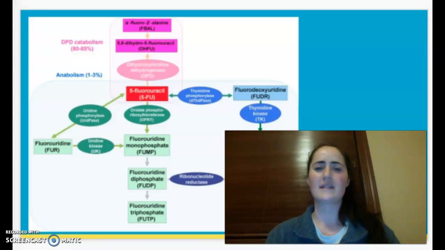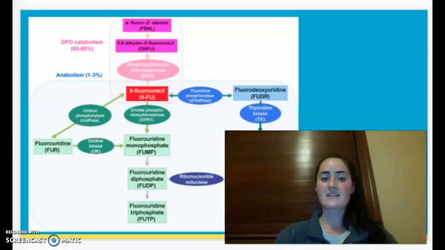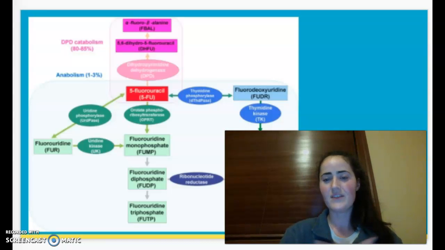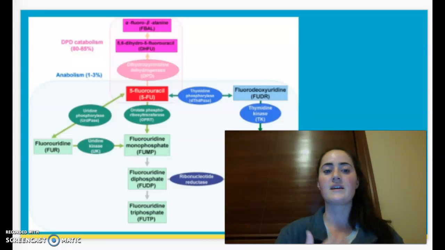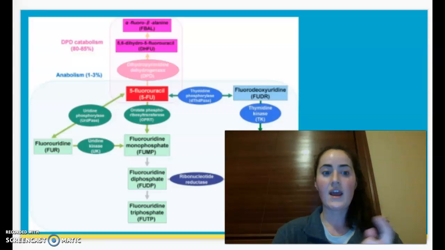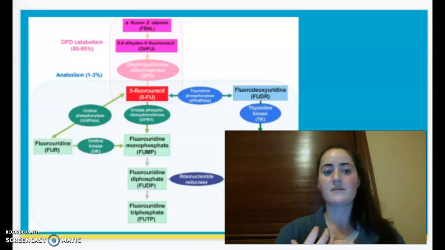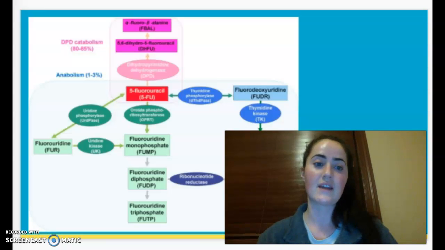Now, why does this matter? Because it inhibits dTMP production, this is really crucial because dTMP is essential for both DNA replication and repair, and obviously if you're depleting it, it's going to result in cytotoxicity.